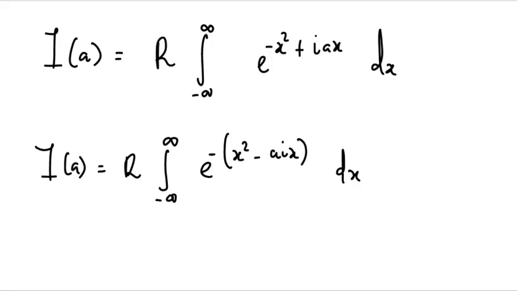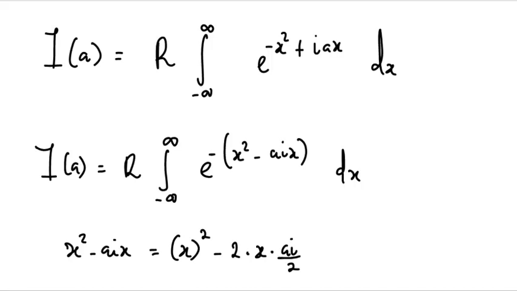And then dx. So all we need to do is complete the square of the quadratic expression in the brackets. Here we have x squared minus aix, which is equal to x squared minus 2 times x multiplied by ai, and don't forget that we're going to divide this by 2. So we divide this by 2, that is ai over 2.